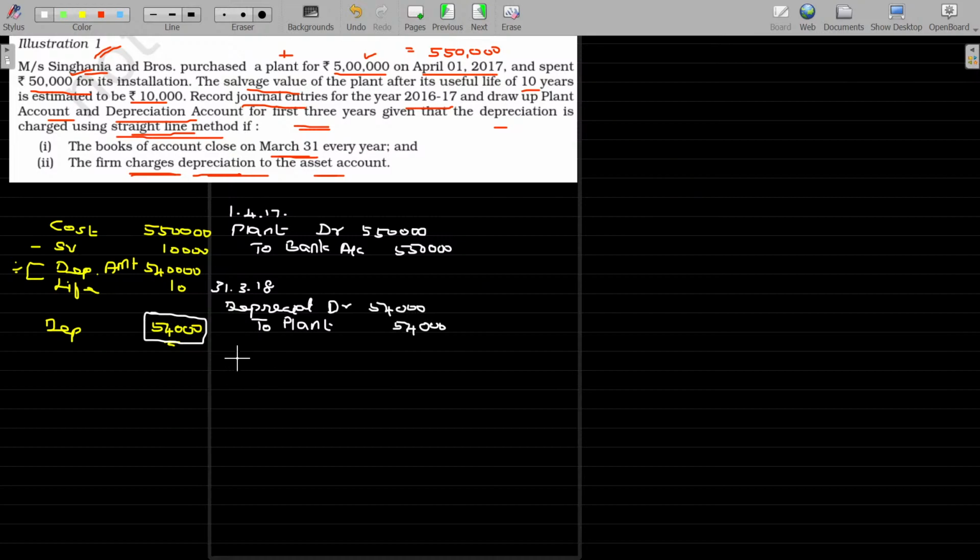Now the entry being profit and loss account debit to depreciation. This value being 54,000. We have to prepare for 3 years. So I am repeating this year after year for the 3 years. Is that okay?